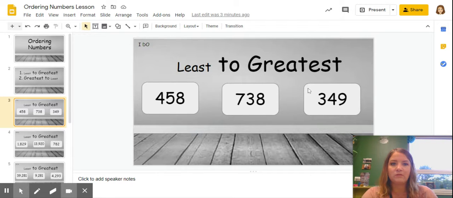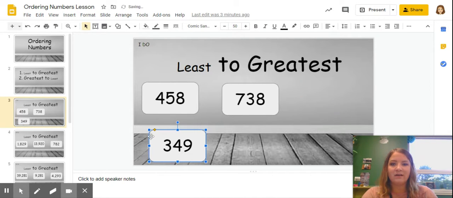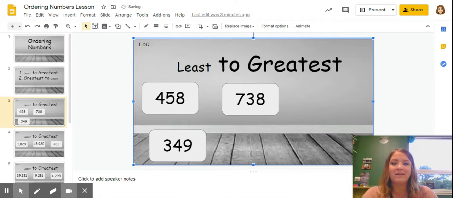So I'm going to drag 349 over to the left because I want to order it from least to greatest. All right, now I'm going to look at the last two numbers and look for the next smallest number. I've got 400s or 700s. I know that 400s is smaller than 700s.